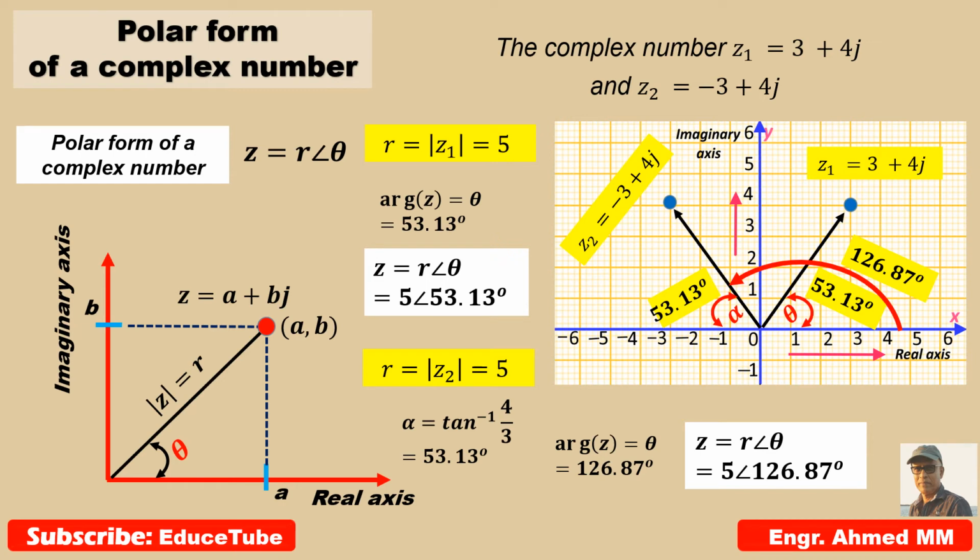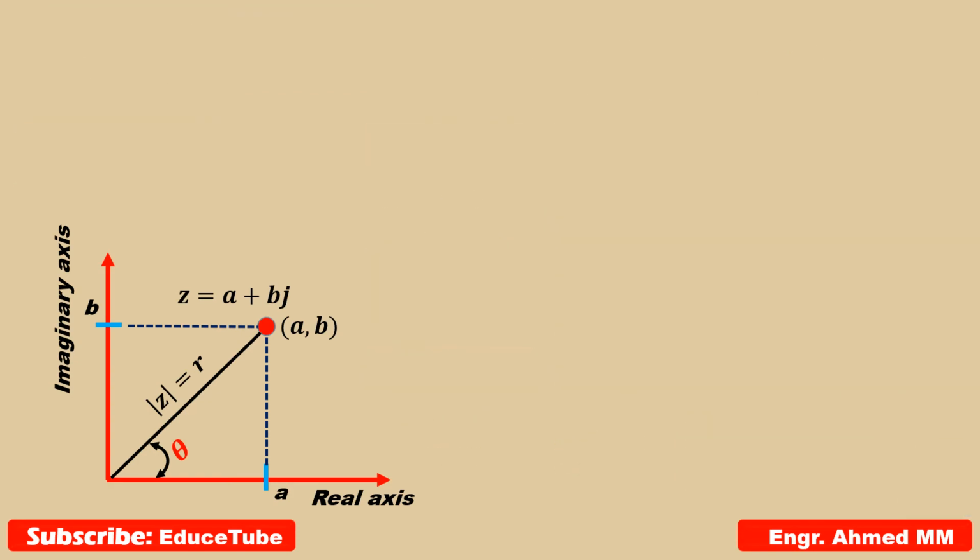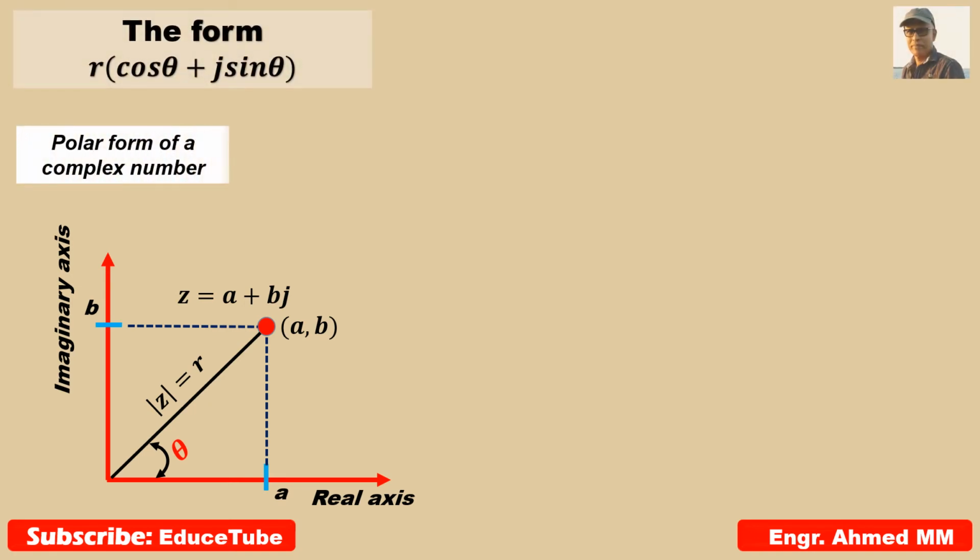Let's move to the next slide to see another form of writing complex numbers. The other form is this one, r cos theta plus j sin theta.